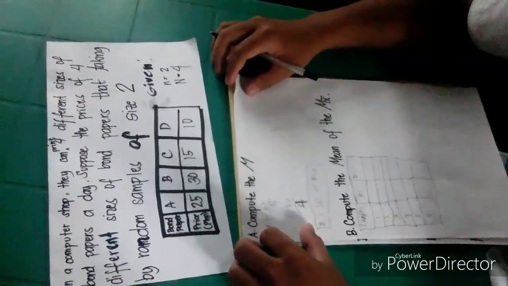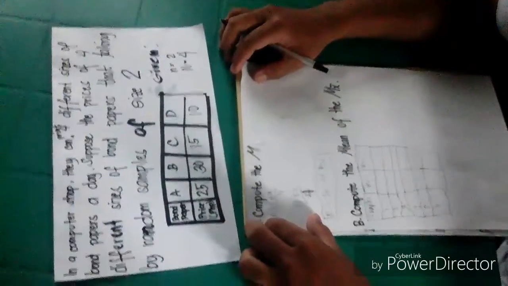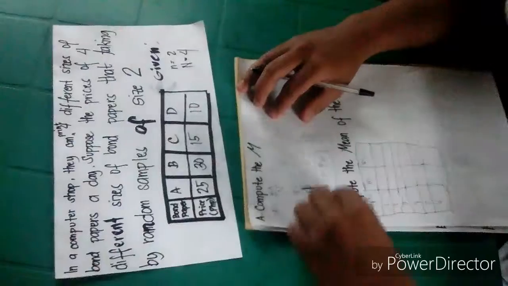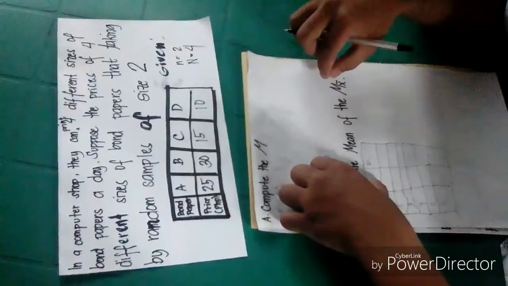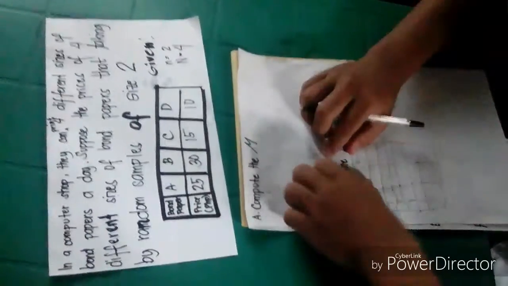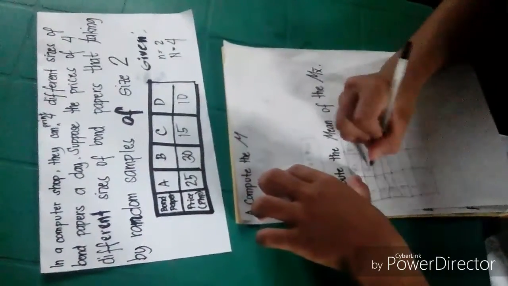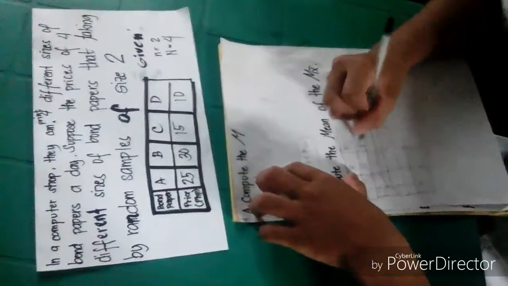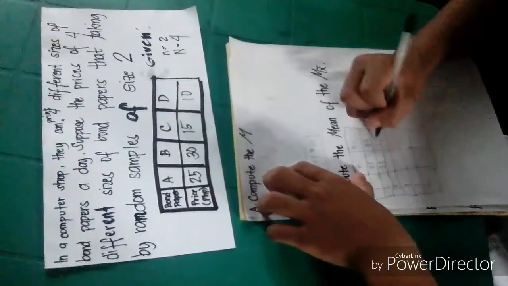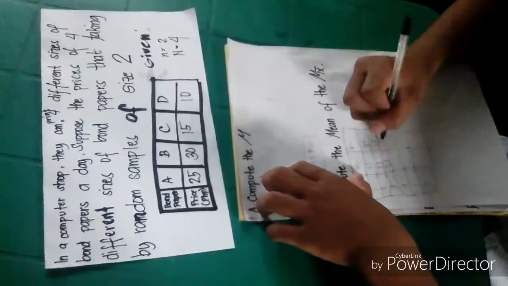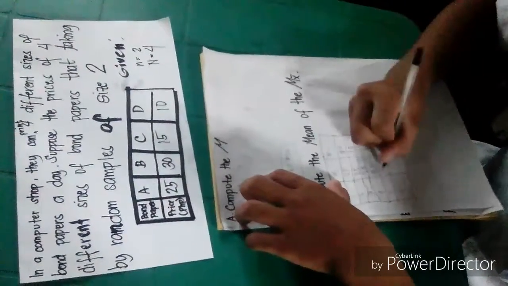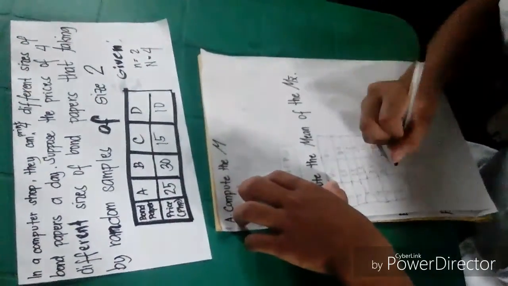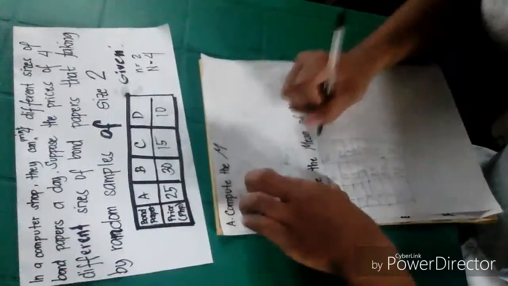In the second step, you compute the mean of the sample means. You draw the table para makuha natin itong solving. Then the 25, then 30; 25, then 15; 25, then 10; 30, and 15; 30, and 10; 15, 10.